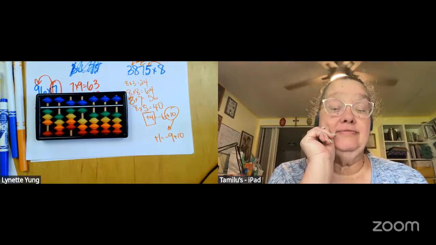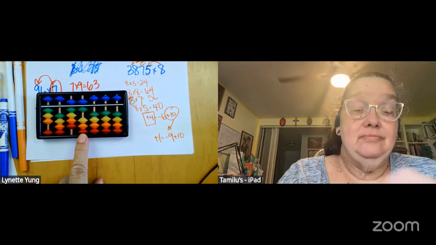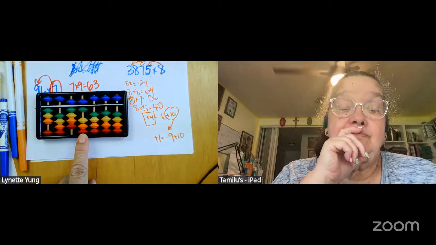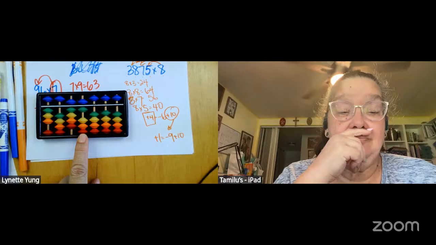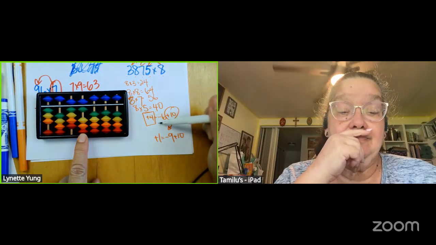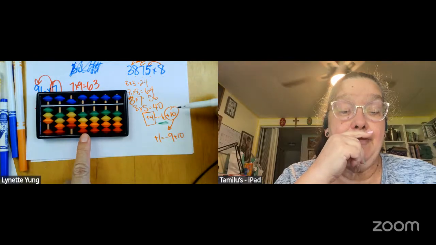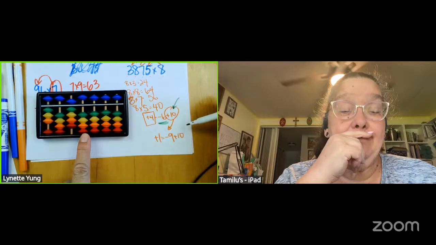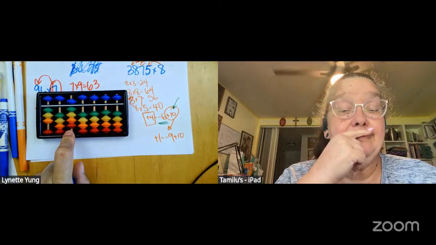Plus 4. Yeah. Okay, so plus the 10 minus 6. Good. Correct. So minus the 6, so we want to minus the 6, and then we want to add the 10. So add the 1. So we can't add the 1 right there. So plus the 1.